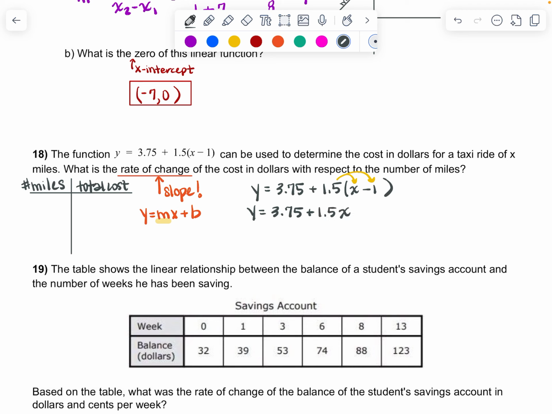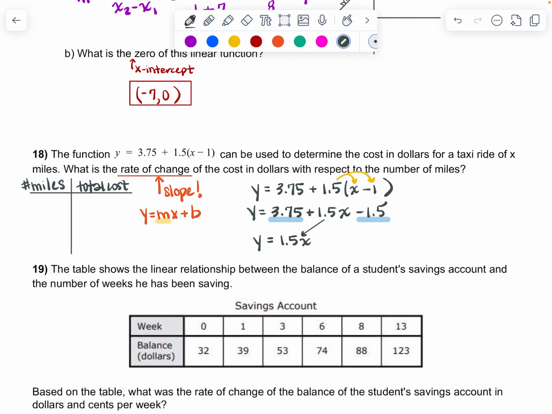All right, 1.5 times x is 1.5x, and 1.5 times negative 1 is negative 1.5. And then I have some like terms to combine, right? I have a constant here and a constant here. And so that is going to give me y equals, now I'm going to put my 1.5x, I'm going to bring it down first, right?